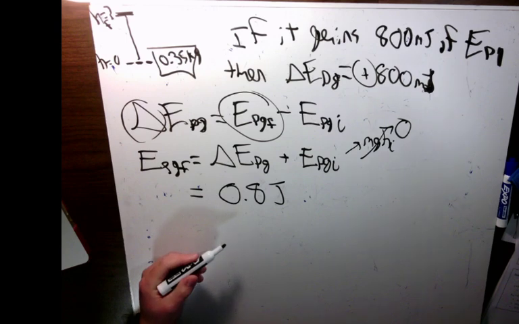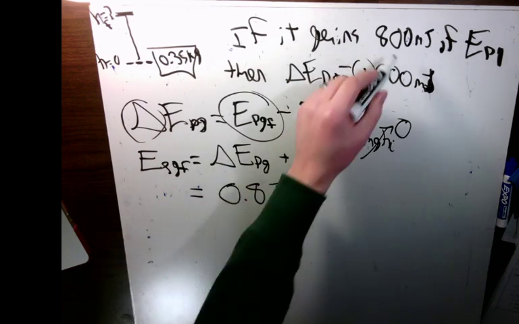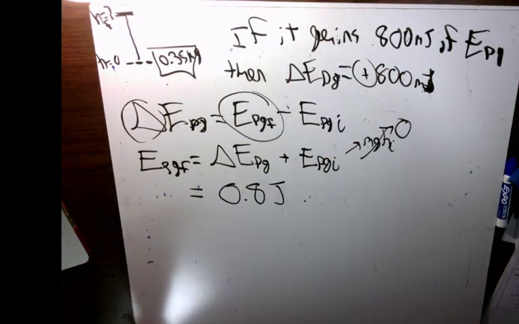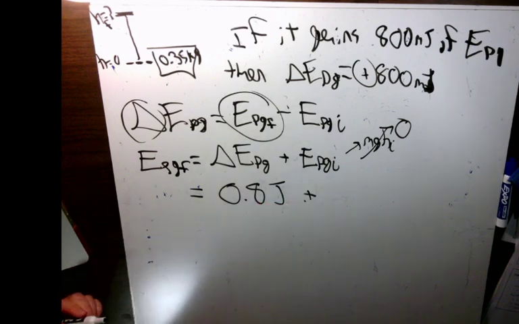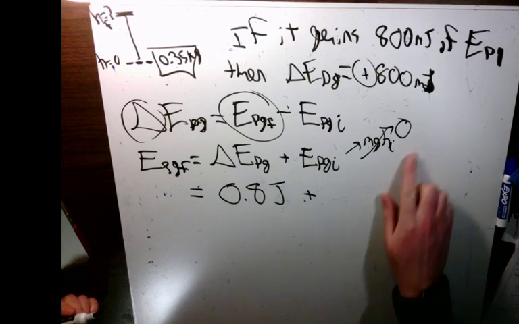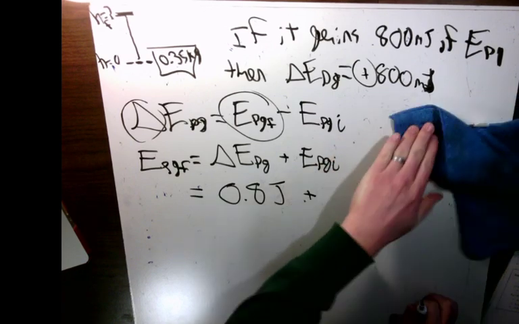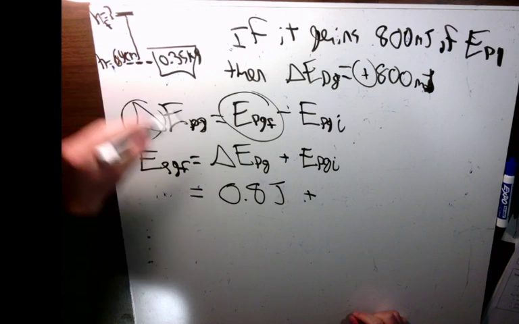Converting from millijoules to joules, we have to move the decimal place over 3 spots from 800. 1, 2, 3, 0.8 joules. And we're going to add to it. Oh, never mind about this. Please ignore. We're not starting at a height of 0. We're starting at a height of 64 centimeters.